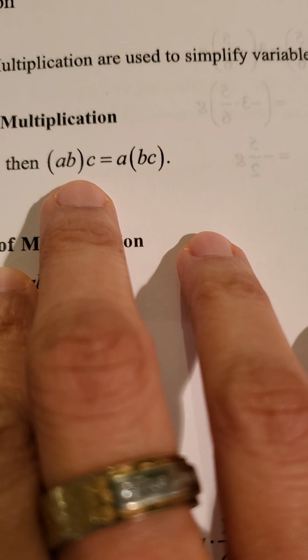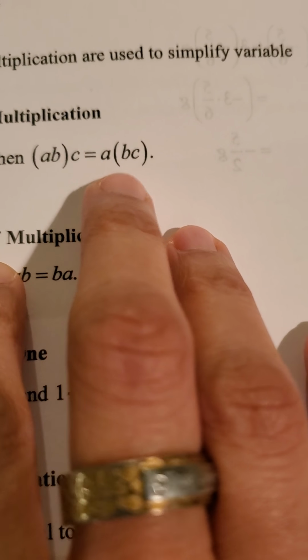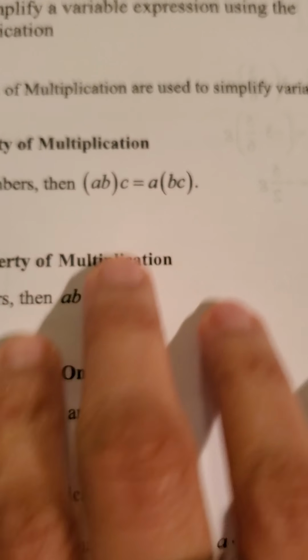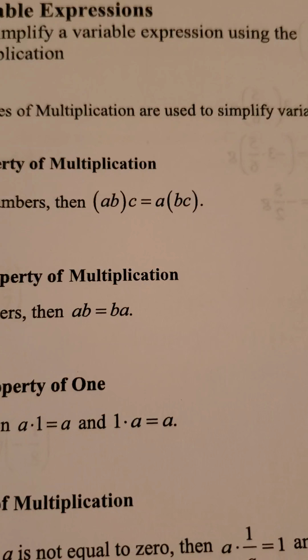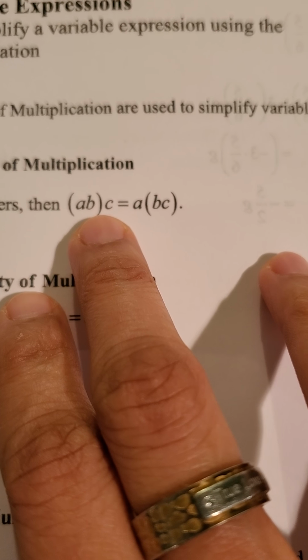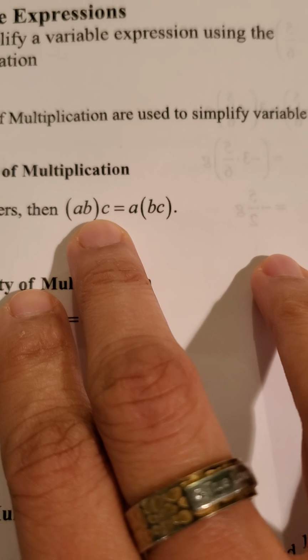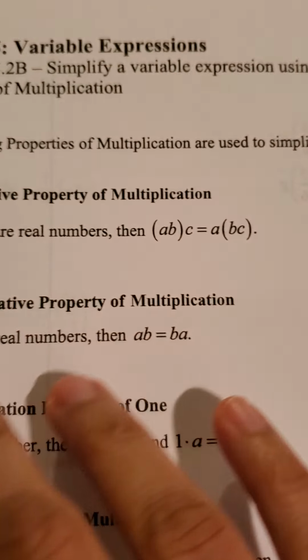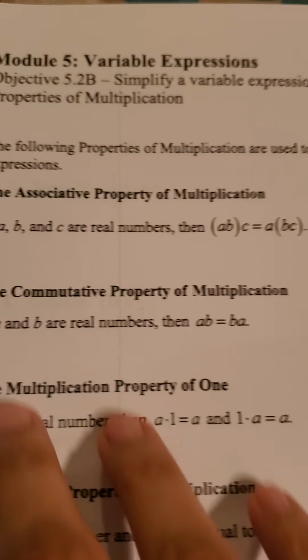So the quantity AB times C is the same as A times the quantity BC, and that's called the associative property. And it's basically the same for addition. So for example, the quantity A plus B plus C will be the same as A plus the quantity B plus C. And I probably think they have that later down.